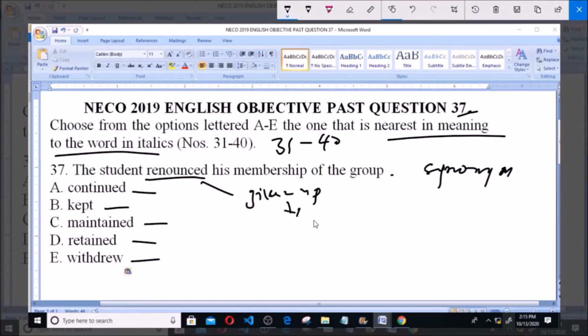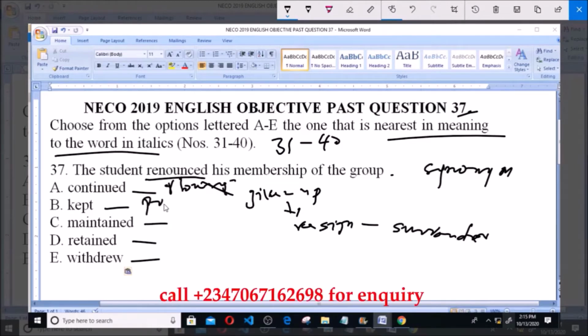And when we talk of renounce, it is synonymous to give up. Give up is the same as resign. Then it is also similar to surrender. And we have continue. Continue cannot be the synonym of renounce, because continue means flowing. Then kept means preserved.